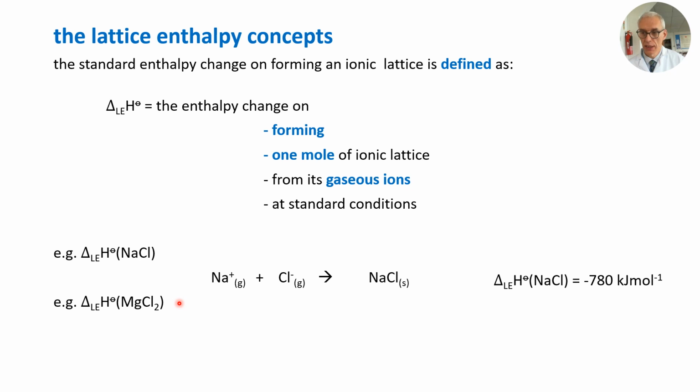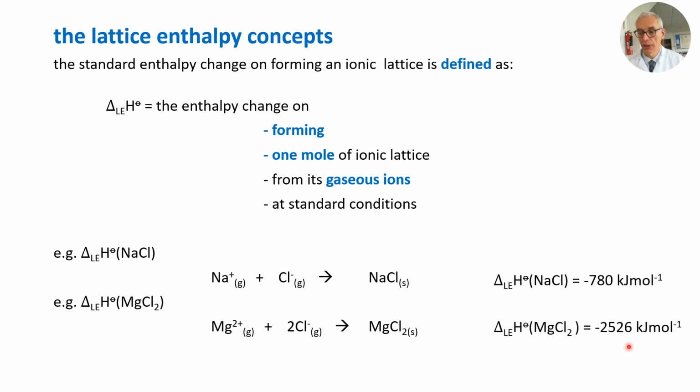Write the equation that expresses the idea of the lattice enthalpy of magnesium chloride. Pause, write the equation, check when you're ready. Okay, so I'm going to reveal 1 mole of magnesium chloride from the required ions, magnesium 2+ and 2 chloride ions in the gaseous state.